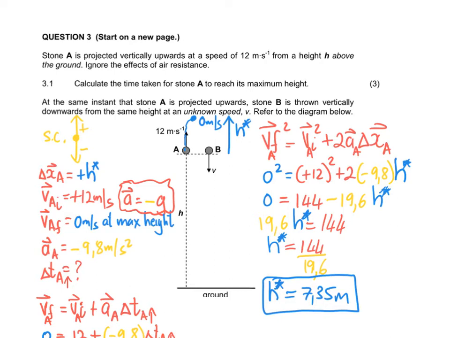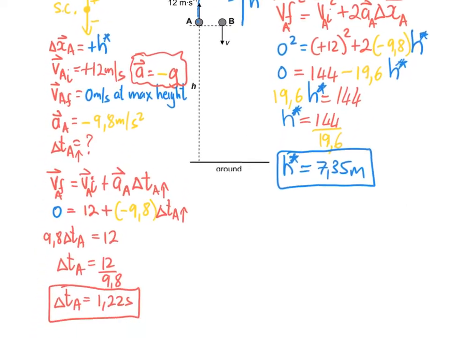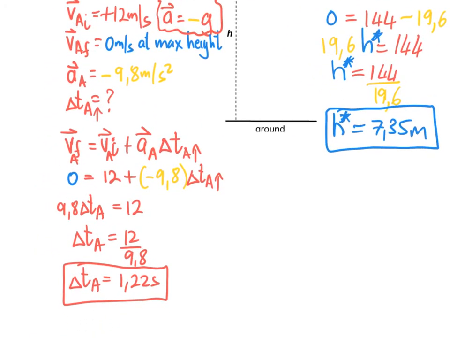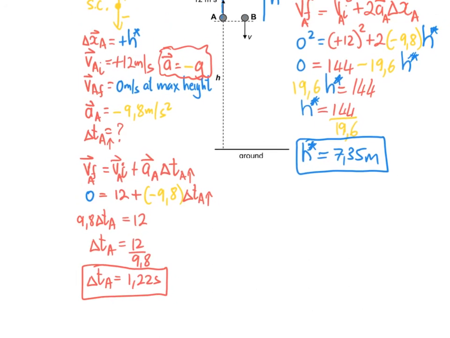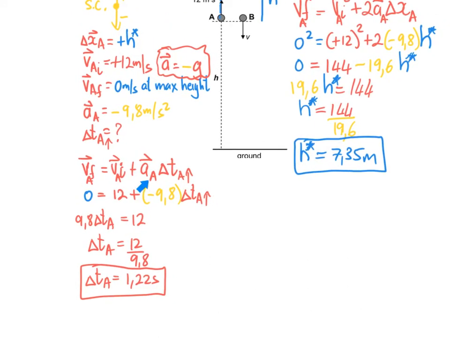So now, using V final equals V initial plus A delta t, V final on its upward motion is going to be 0. Its initial velocity of projection was plus 12, plus the acceleration is minus 9.8 delta t up.